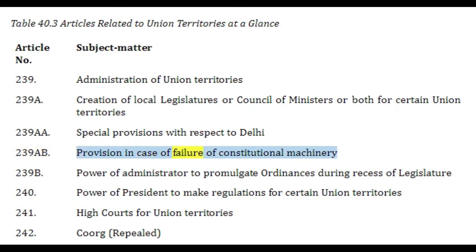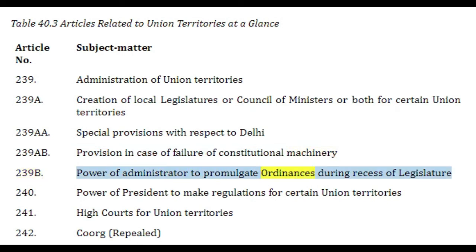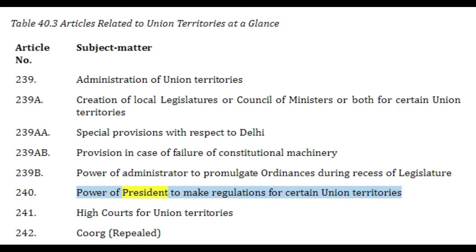Provision in case of failure of constitutional machinery. 239B. Power of administrator to promulgate ordinances during recess of legislature. 240. Power of President to make regulations for certain union territories. 241. High courts for union territories. 242. Coorg, repealed.